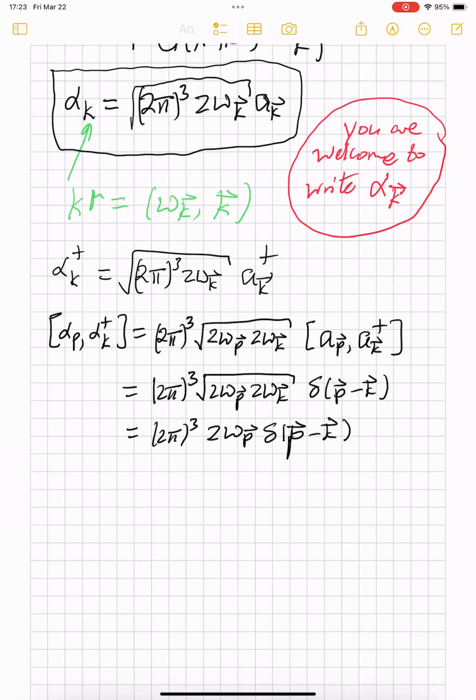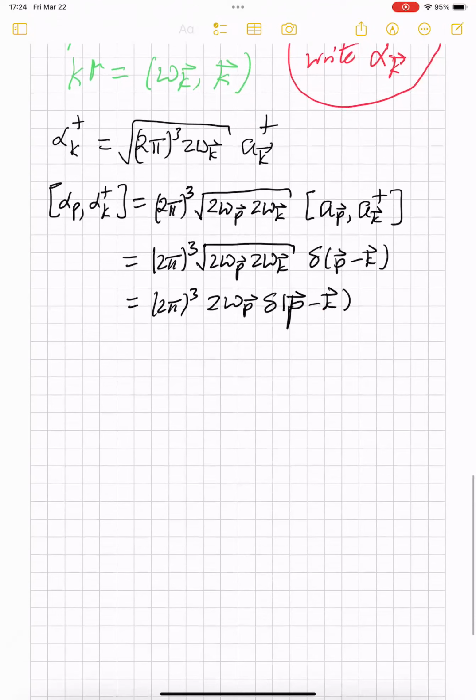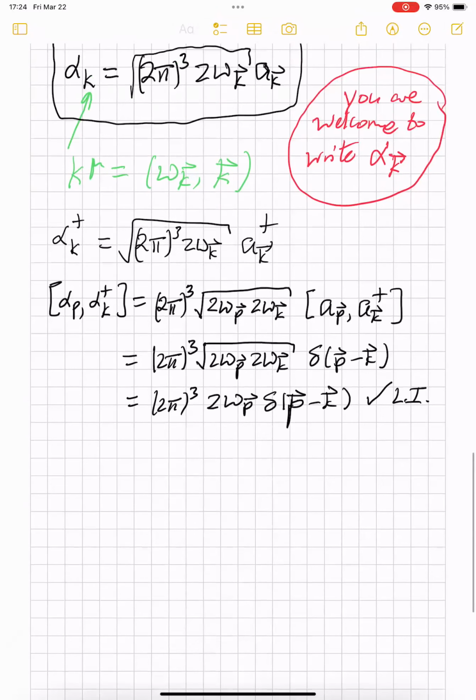Great. So these commutation relations are what define the oscillators. And now we find that indeed these are Lorentz invariant. So all inertial observers will agree on what the oscillators are. The last two commutation relations are pretty trivial to work out, but let's just do it.